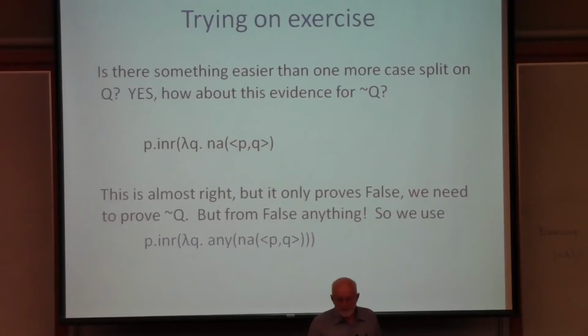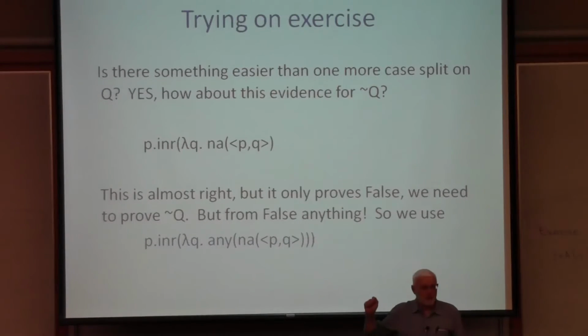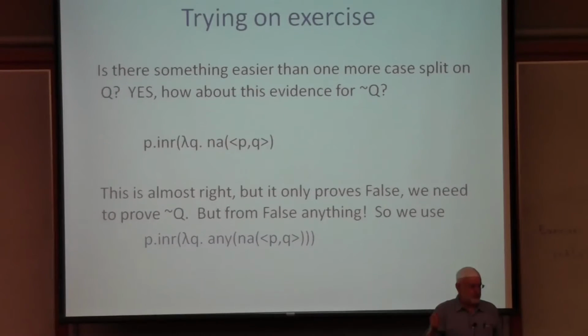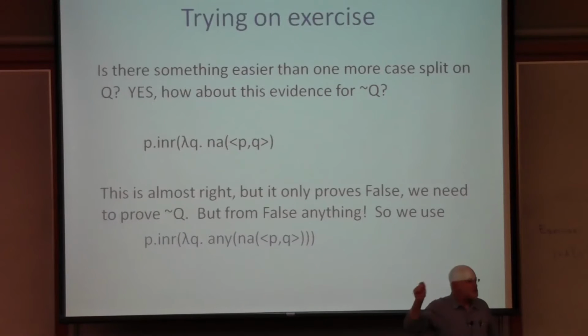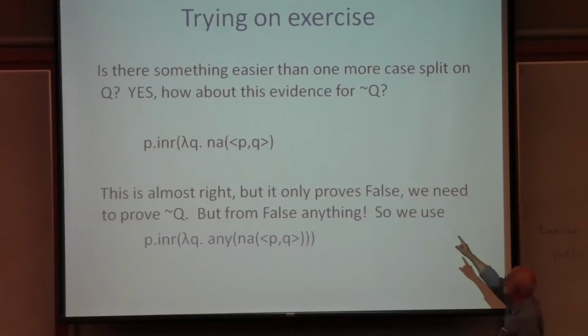Yes. Okay. So how about this kind of evidence for not Q? One way to get evidence for not Q would be to assume Q is true and then get false, right? So maybe I can do that without knowing anything more about Q. I'm just going to go for that not Q disjunct.